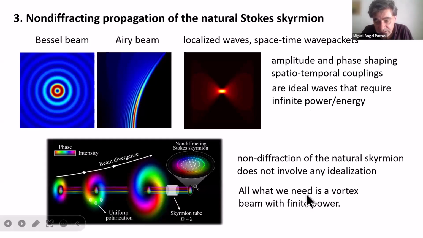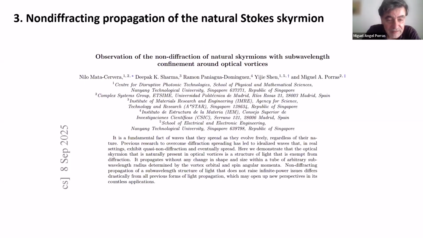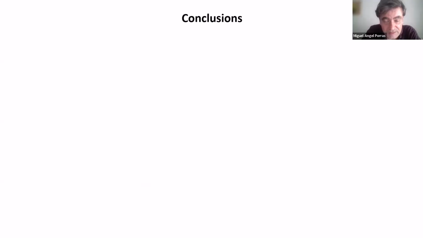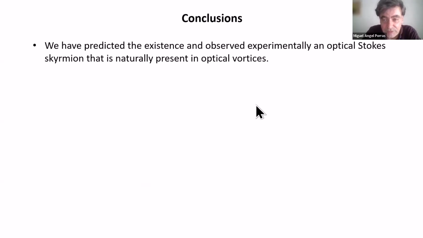All we need is a vortex beam, which carries, of course, finite power. There are no issues with infinite power. I have recently, just today, posted it on arXiv, if you are interested in more details about this.